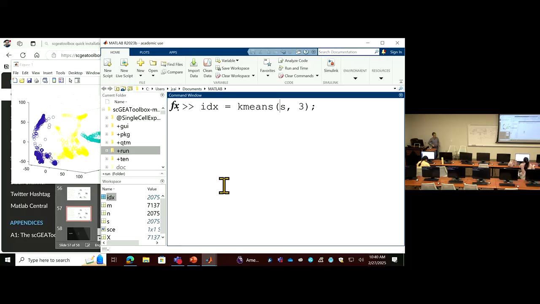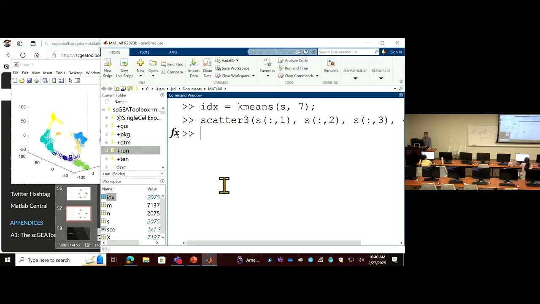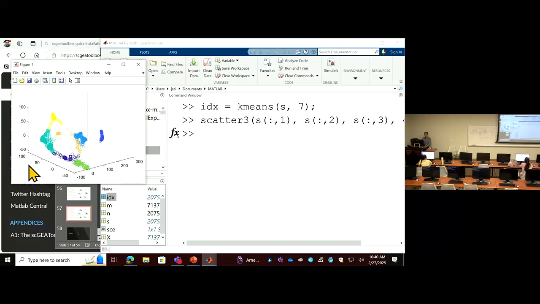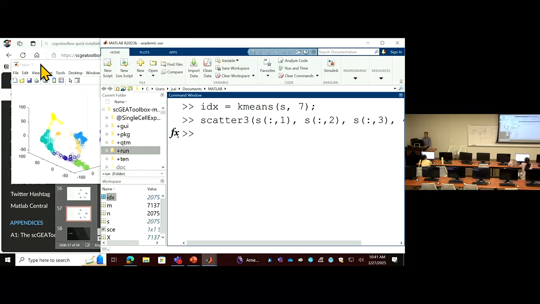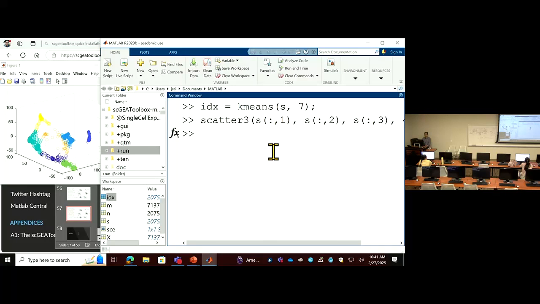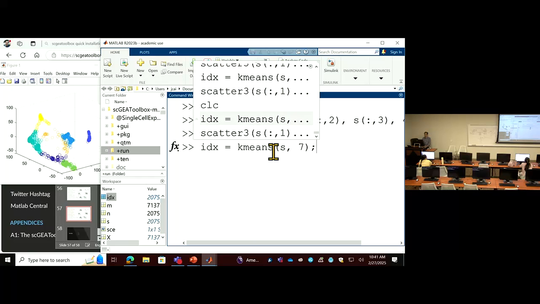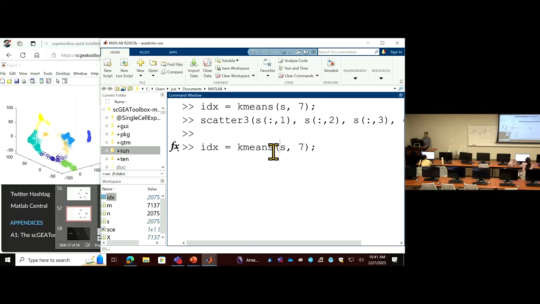As I said, we can use, so let me change it back to 7. 7 looks all right for me. As I said, you can use this to do embedding, okay?